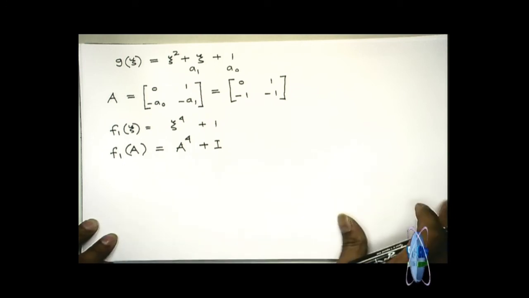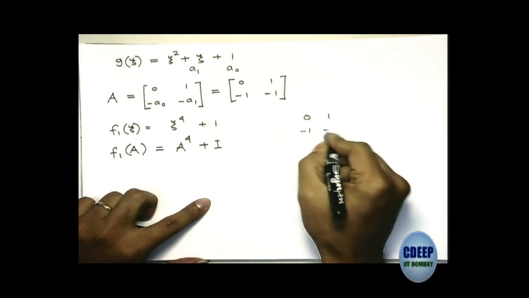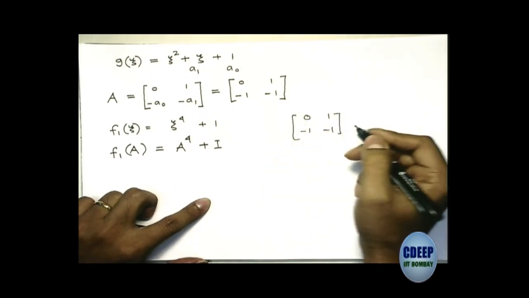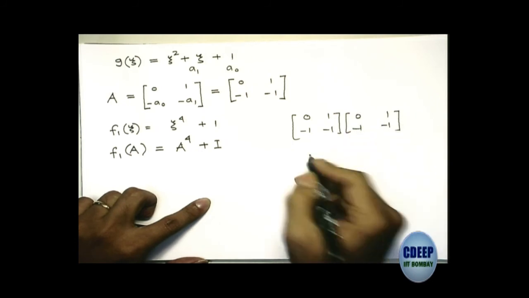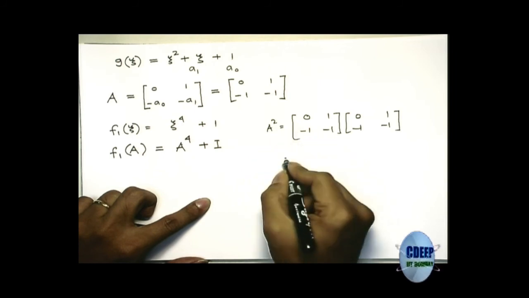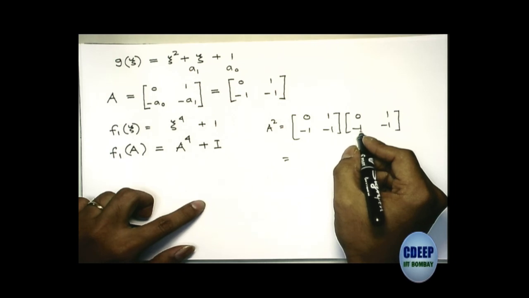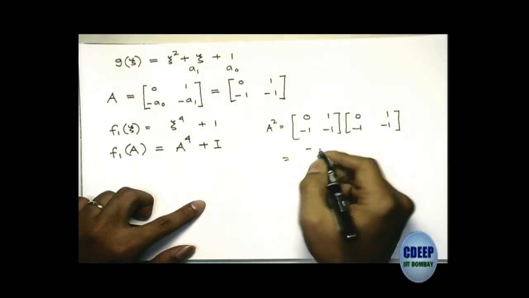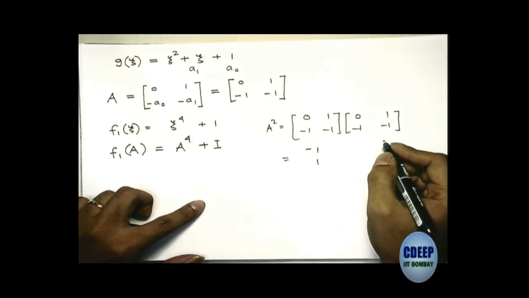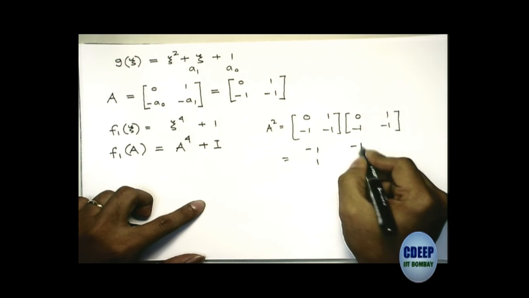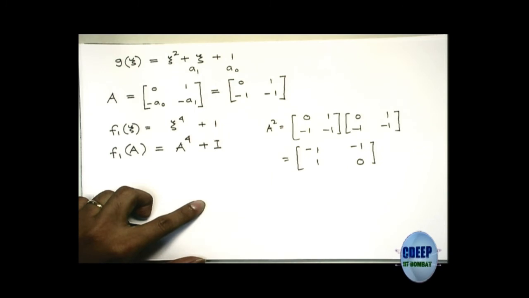Let us do this calculation by hand. So we have A equal to 0, 1, minus 1, minus 1. Suppose we square it first, what should we get? This is A squared, which is equal to minus 1, minus 1, 1, 0.